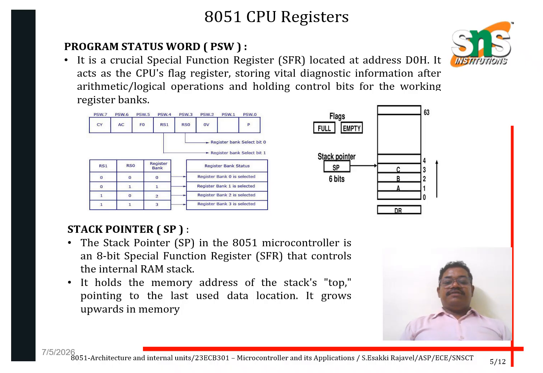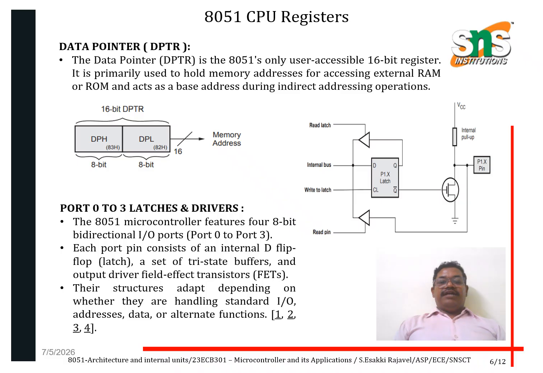It is an 8-bit special function register that controls the stack in internal RAM. It holds the memory address of the top of the stack, pointing to the last used data location. The data pointer is used to hold the memory addresses for accessing external RAM or ROM. It acts as a pointer during indirect addressing operations.